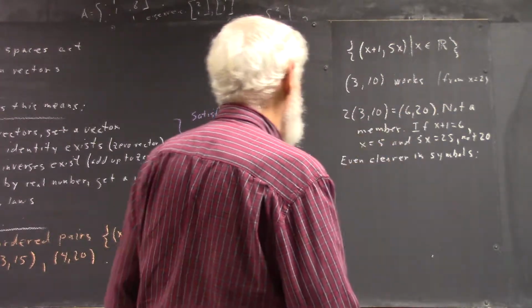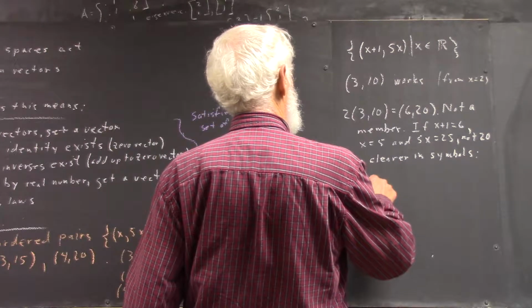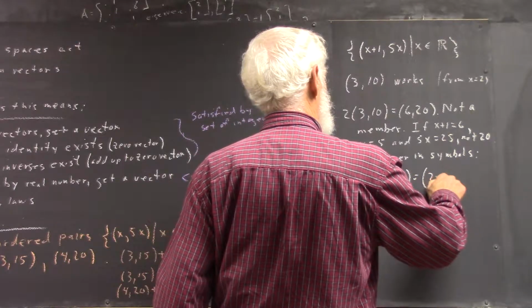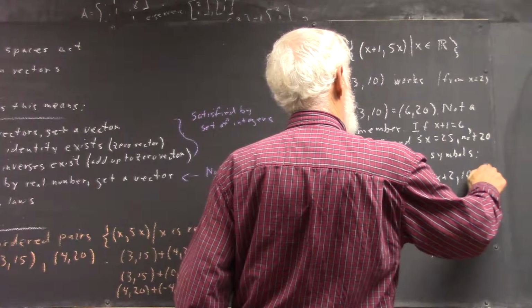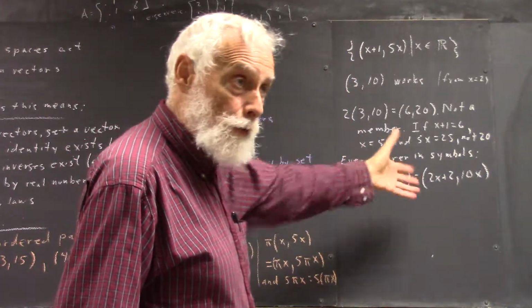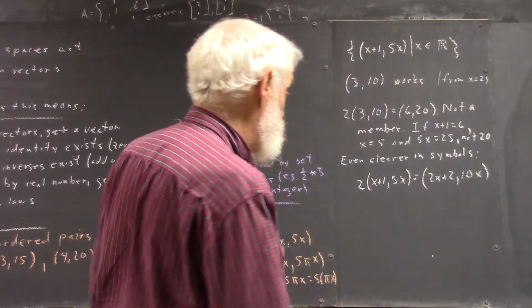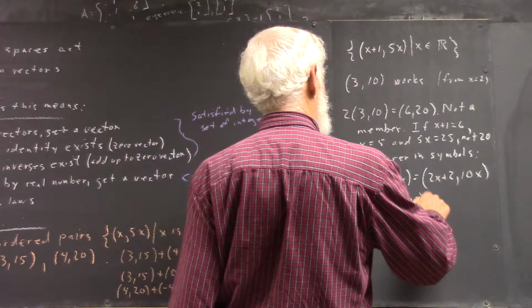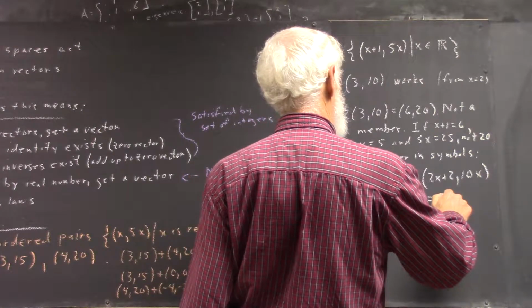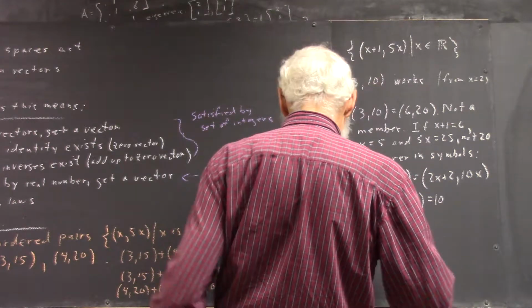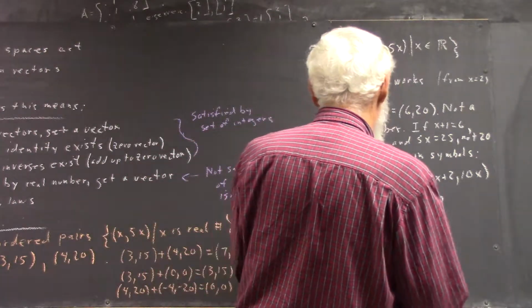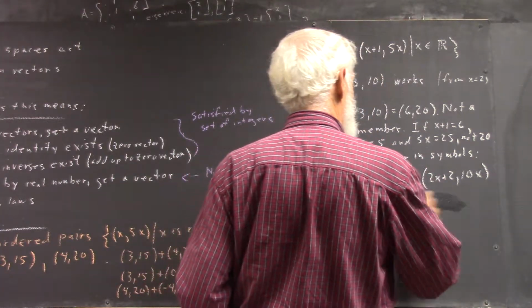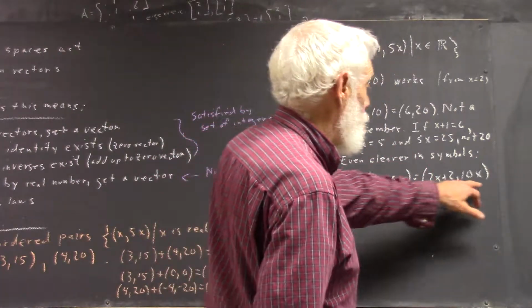Well, if you say, okay, if I multiply through by 2, this is what I get, right? Well, I don't have to do that. This isn't of the form, okay?